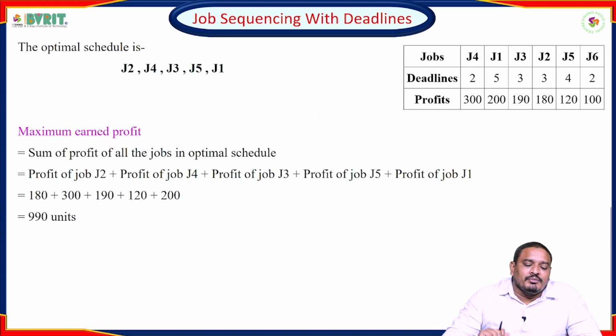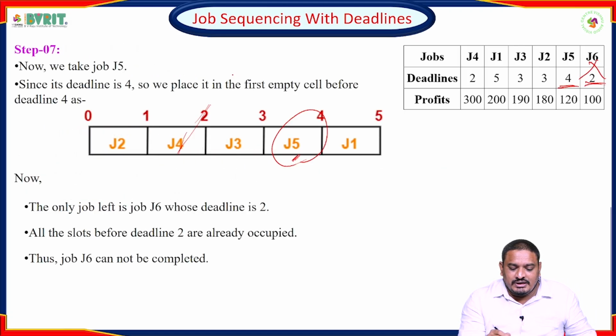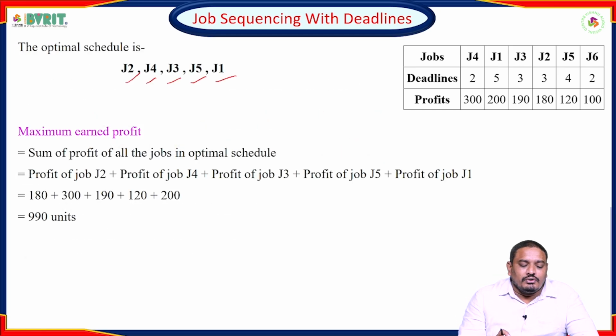Now, the optimal schedule is J2, J4, J3, J5, J1. See this Gantt chart also like this: J2, J4, J3, J5, J1. So, we can find out the maximum profit.